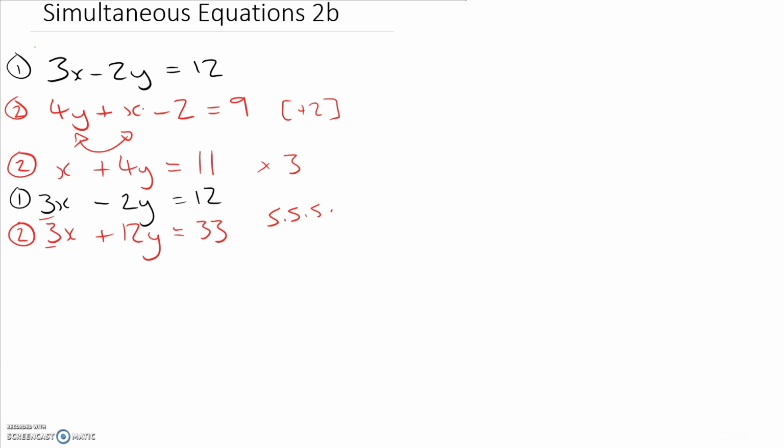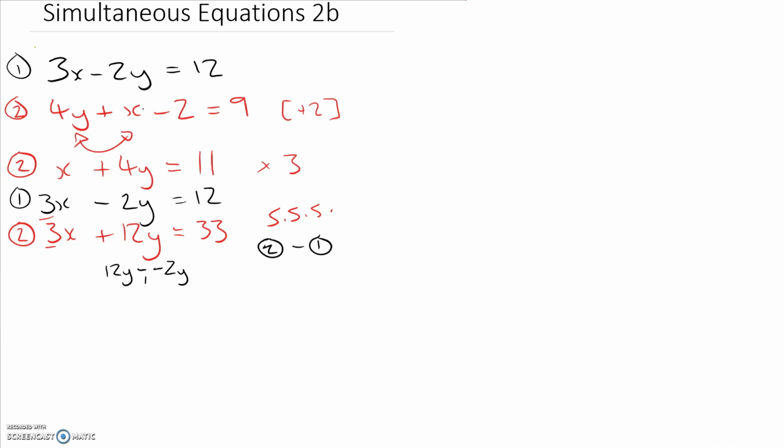Okay, which way shall I do it? Doesn't matter either way. I think it might be more straightforward to do equation 2, take away equation 1, but either way will be good. Okay, let's do equation 2, take away equation 1. 3x, take away 3x. Nothing! 12y, I've got to be careful. We've got 12y, take away, because we're subtracting equations, but we've got negative 2y.